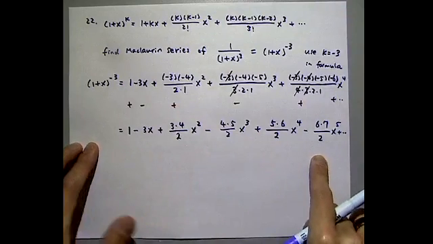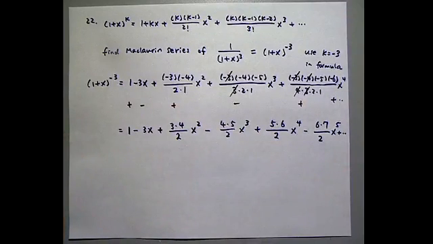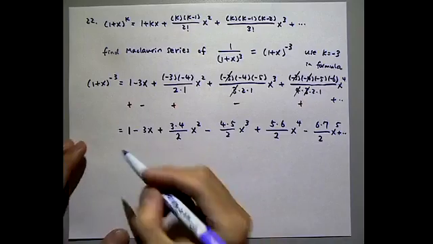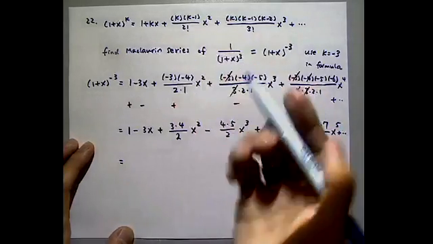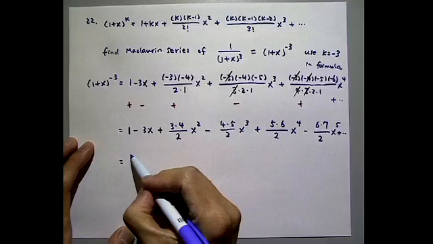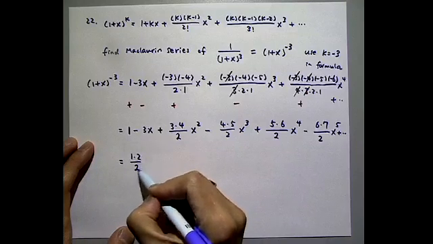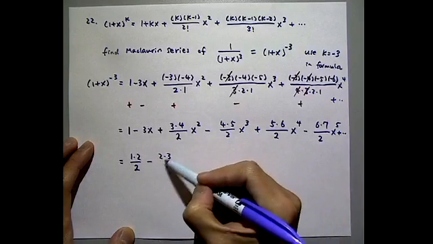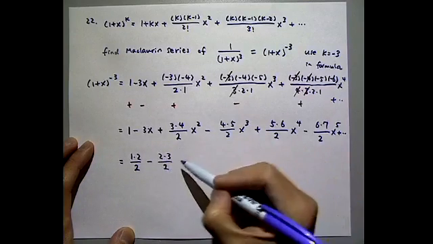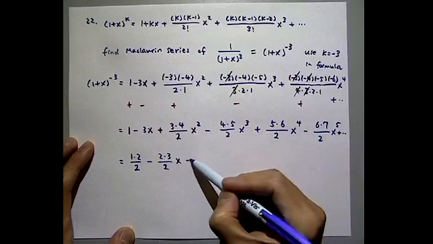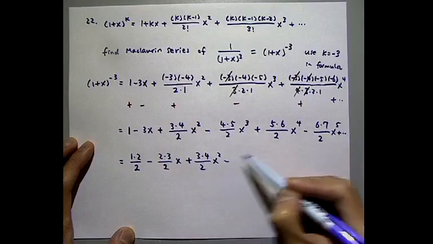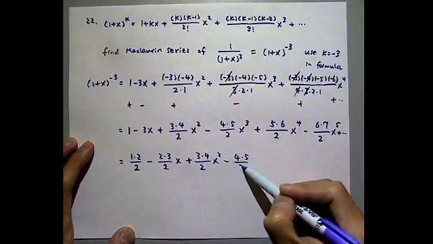So we clean this up a little bit. Now we see a pattern here. Now it would be nice if the first 2 terms are also over 2, because then everything is over 2. But we can make them over 2, right? So this is really 1 times 2 over 2, minus 2 times 3 over 2 x, plus 3 times 4 over 2 x squared, and the pattern is still there.